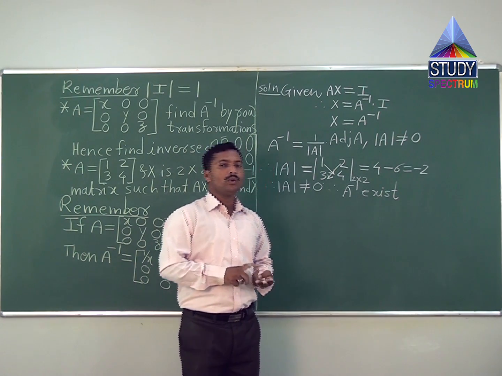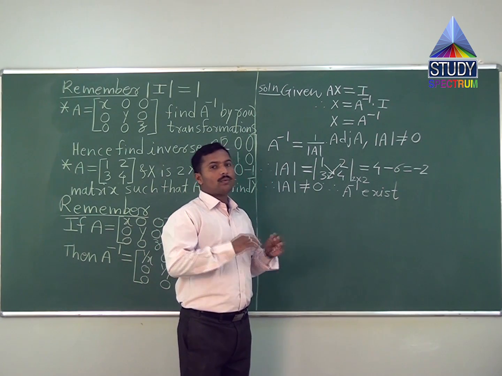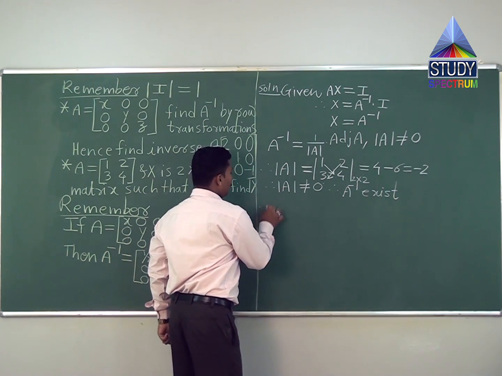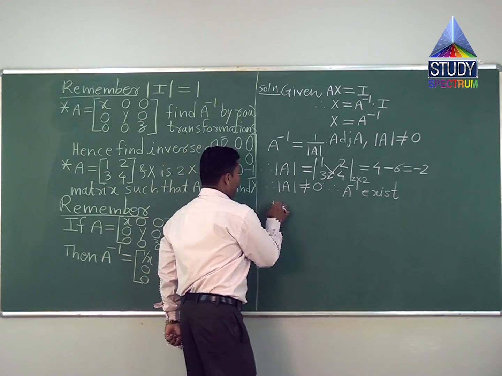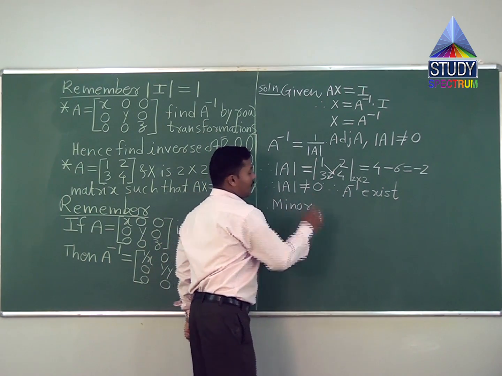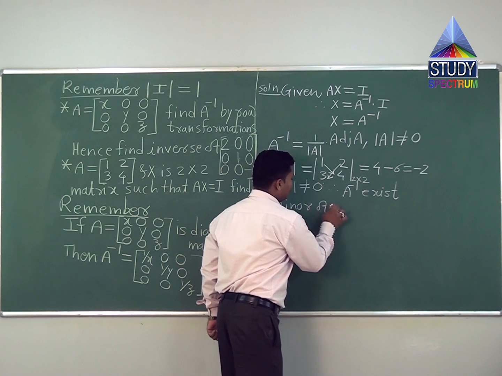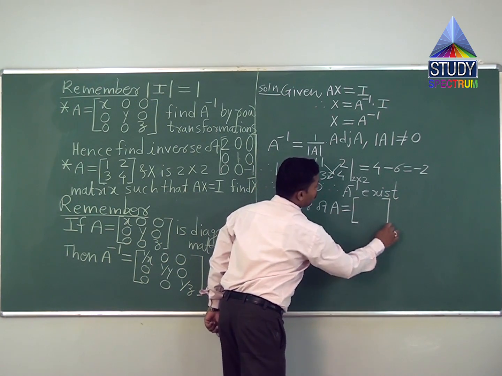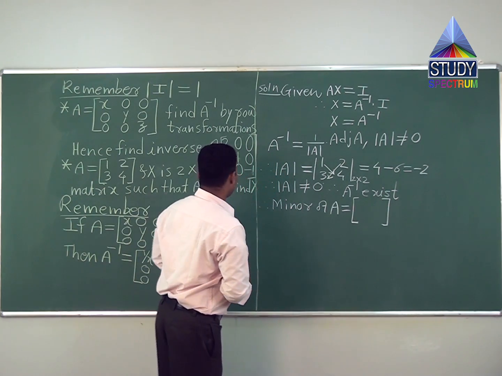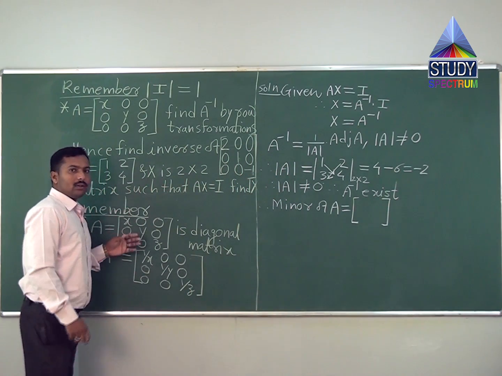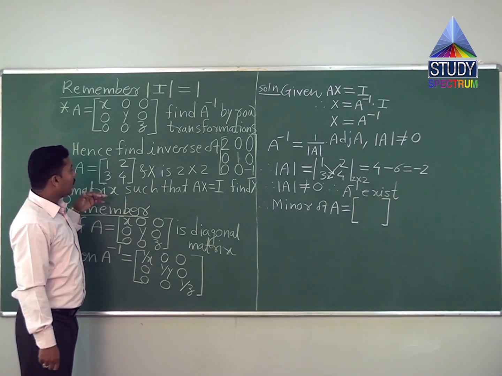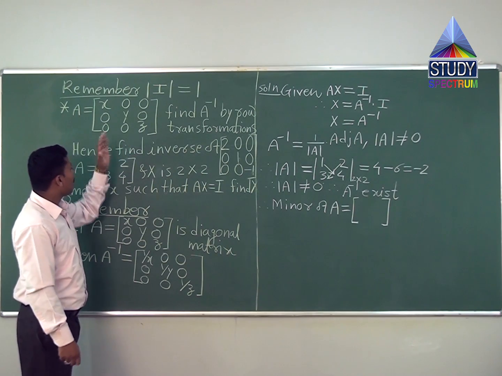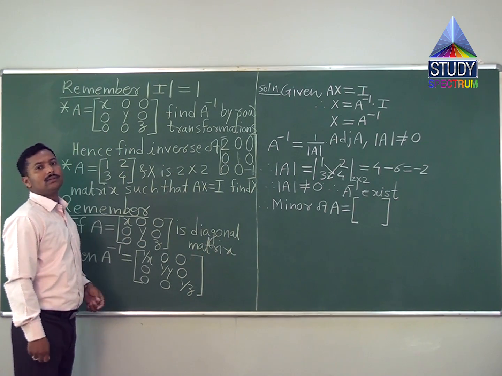And last, we find the transpose of the cofactor matrix, which means the adjoint of A. So first we find the minor of matrix A. What is the minor? The minor of a number is the determinant obtained by deleting the row and column passing through that number.